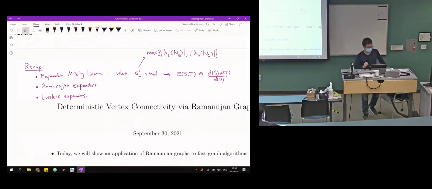On Tuesday, we were talking about the expander mixing lemma.